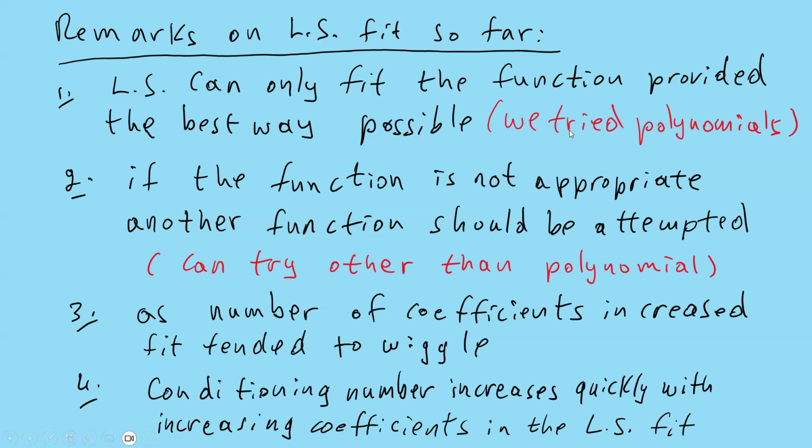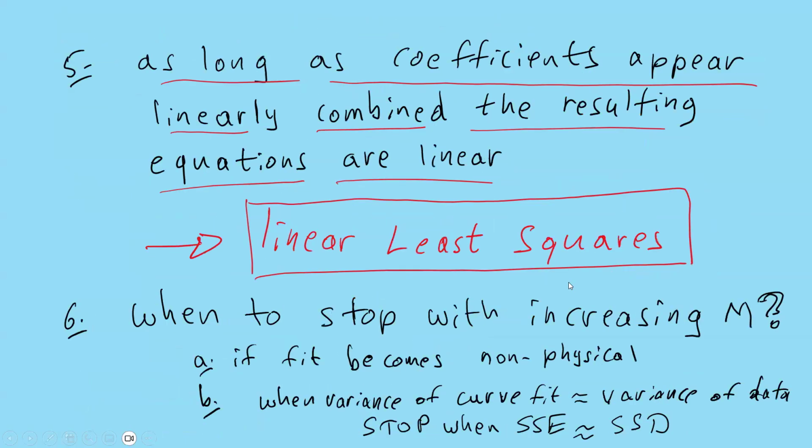When we increase the orders, the system may start to wiggle and the conditioning number increases quickly. To solve this issue, maybe it's better to try other functions that are not polynomial functions.